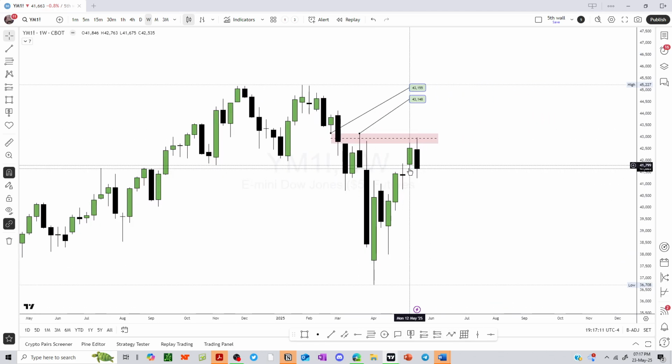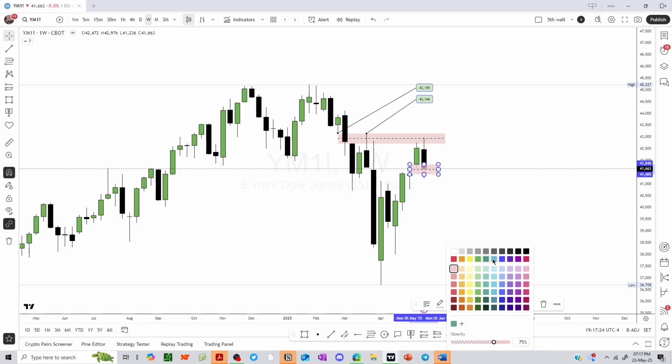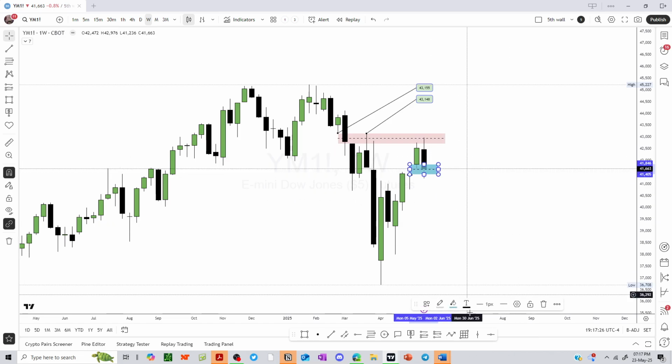So we have that volume imbalance here as well. Look, this volume imbalance here on the YM. Let's draw that out. I like to make that a blue color, dark though.